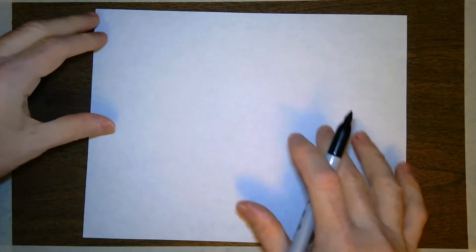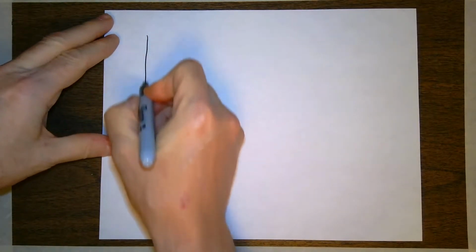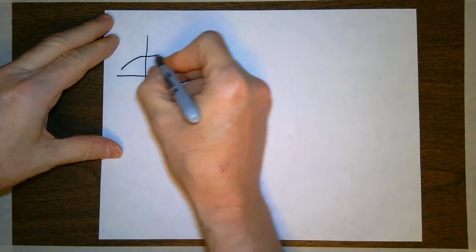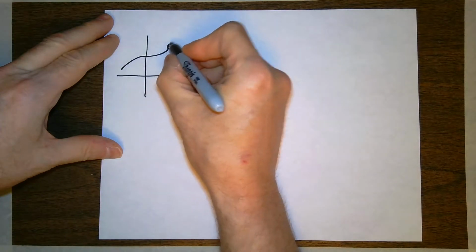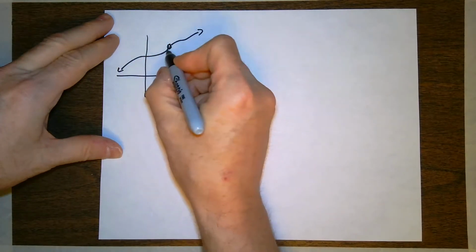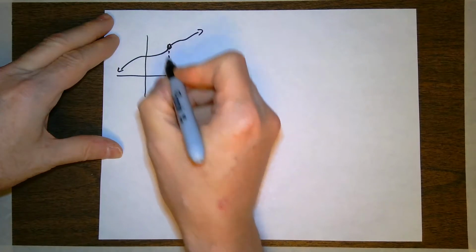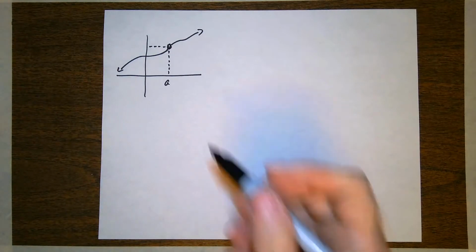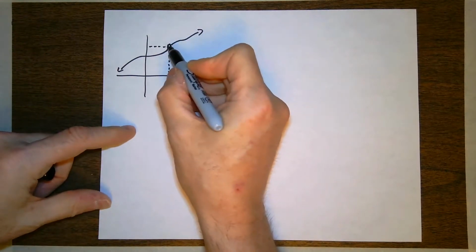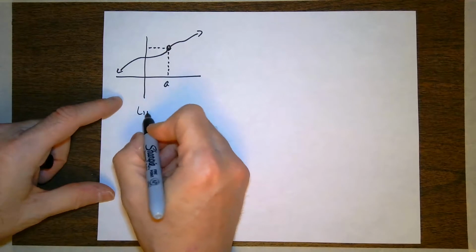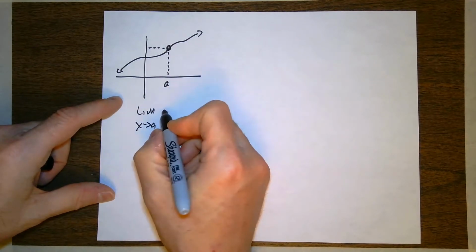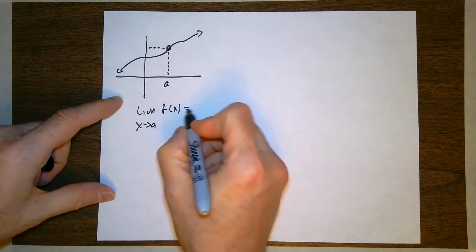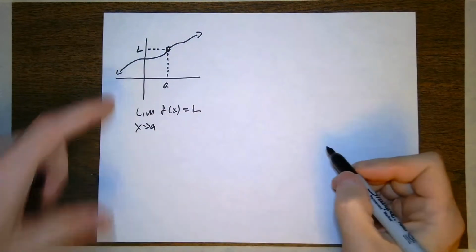First possibility, I have a removable discontinuity at A. But the limit as I approach is still, even though this is a hole in the graph, I can still say that the limit as x approaches A of f of x is L, even though it doesn't exist there.